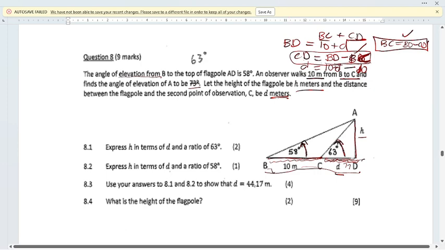Now they're saying express H in terms of D and the ratio 63. Express H in terms of D and 63. Write your answer there.